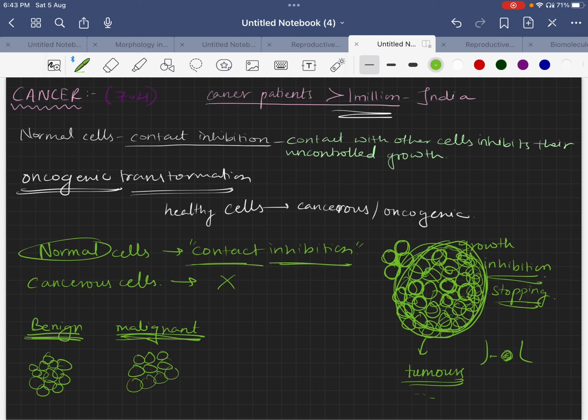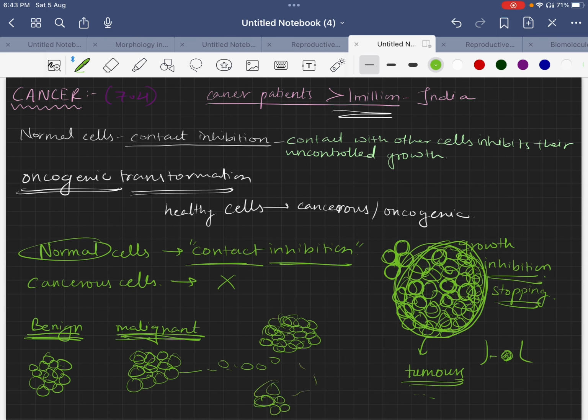What happens is that when blood flows through, cancerous cells go with the flow of the blood, and when they get accumulated somewhere, they start growing from there. They start forming masses.